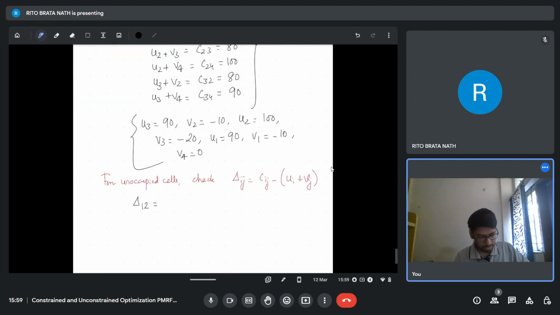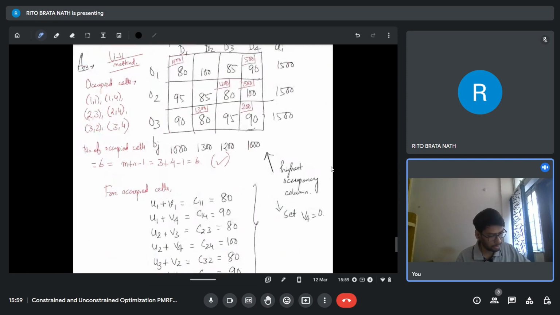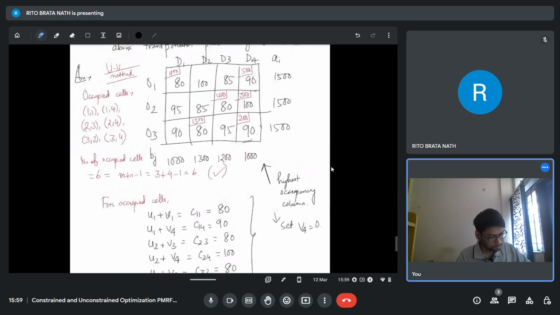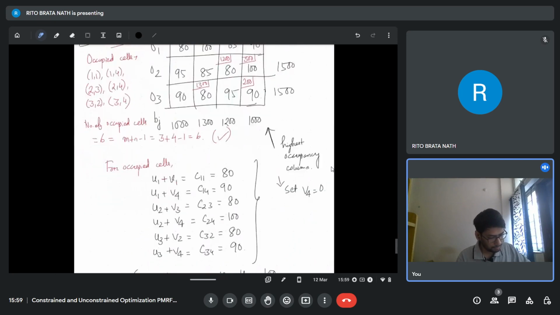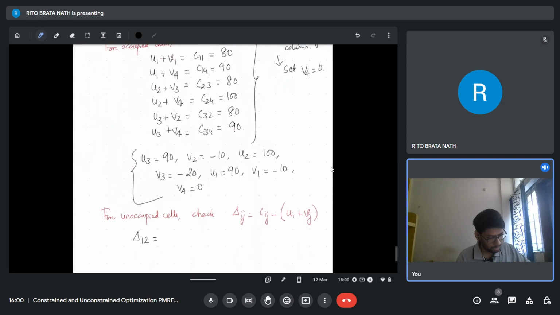Delta 1 2 is 100 minus (90 minus 10), so that's 100 minus 80, which is 20.